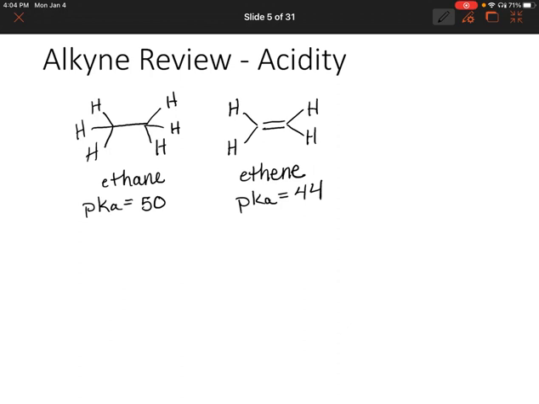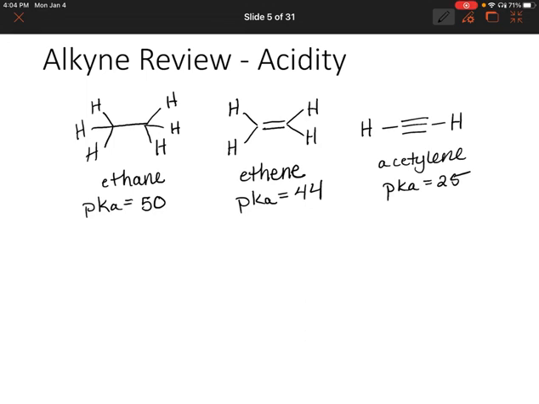But now let's look at acetylene, which we saw earlier, where we have a triple bond between those carbons. So we got rid of 2 more hydrogens and created a triple bond. And again, we use the more common name for this molecule, acetylene. And its pKa is 25.